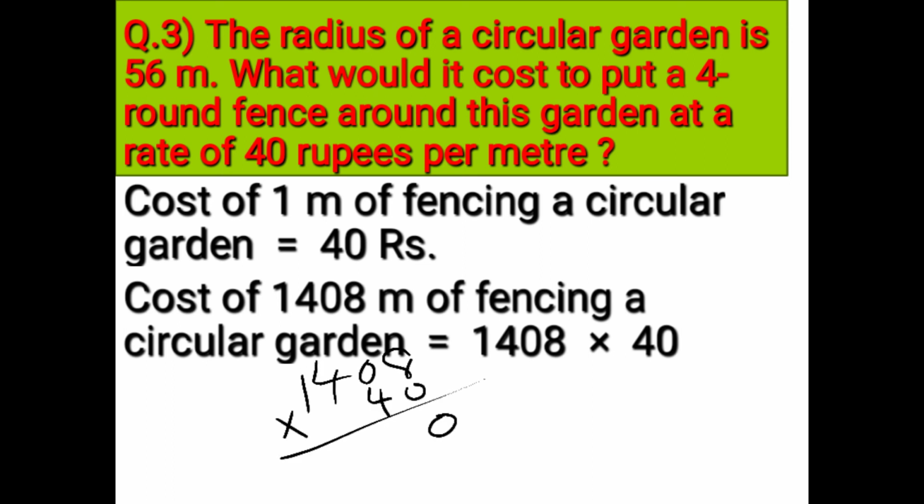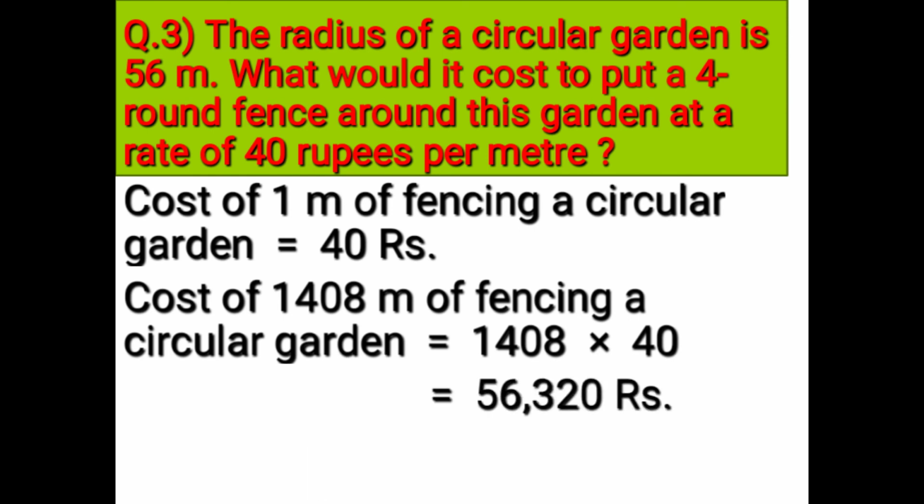Zero eights, any number multiplied by 0 is 0. 1 zero you have to bring down when you multiply the next number. 4 8s are 32, 3 you have to bring up. 4 zeros are 0, 0 plus 3 is 3. 4 4s are 16. 4 1s are 4 plus 1 is 5. So I am getting 56,320. The answer is 56,320 rupees.